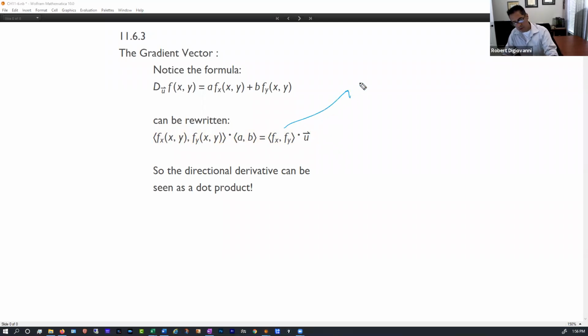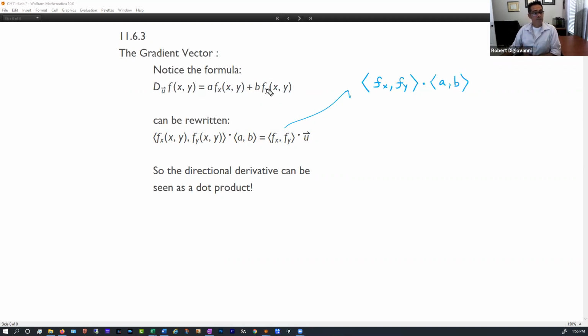If we just make up a new vector, we call it the vector partial of f with respect to x, partial of f with respect to y. So I've created this vector, and I'm saying dot it with u, which is just a, b. Then if you did this dot product, you would multiply this times this, which is a times that, that's this part, plus b times this, which is this part.